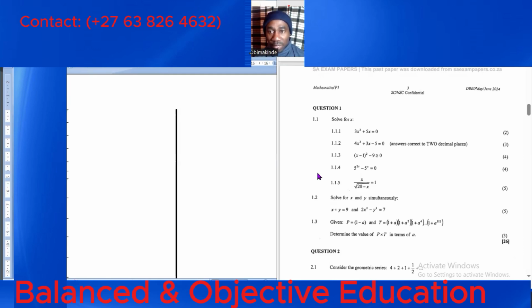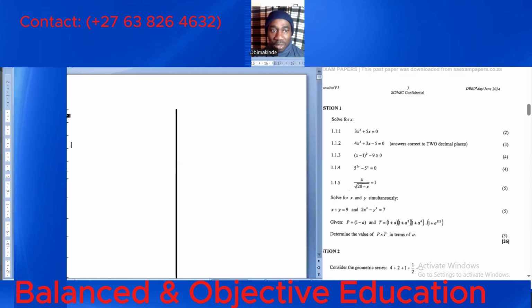Question 1.1 says that we should solve for x in this equation, 3x squared plus 5x equals 0. So this is a simple factorization question.